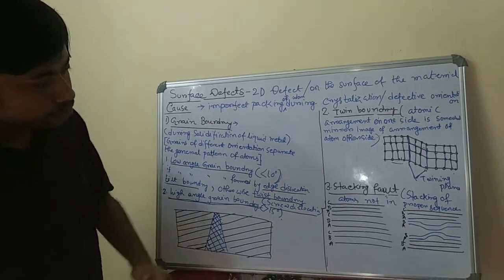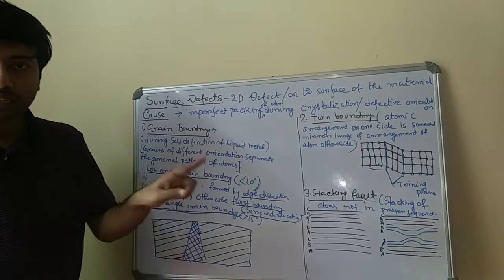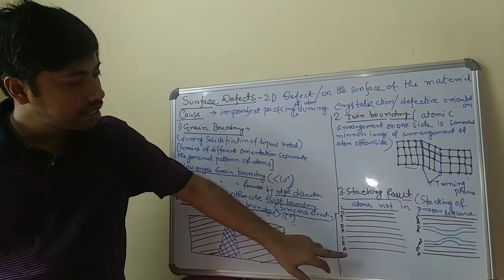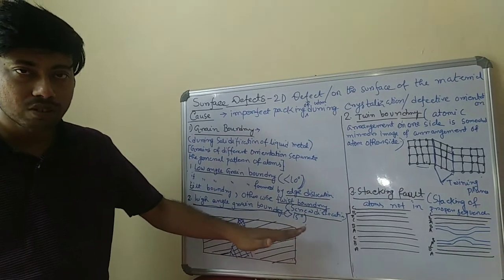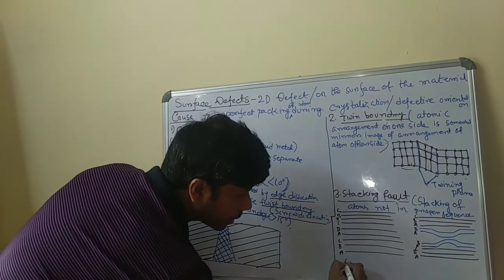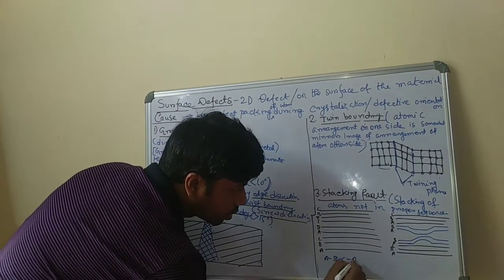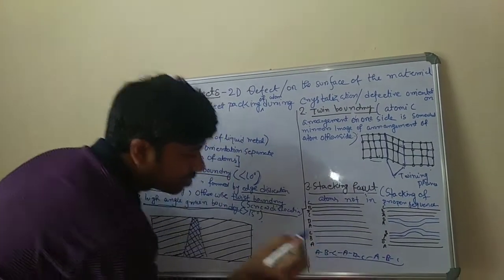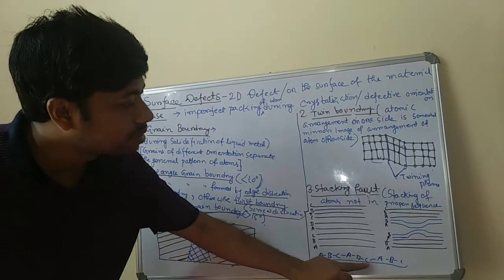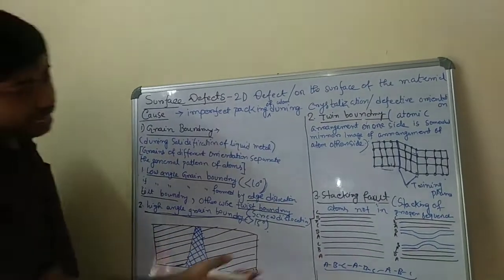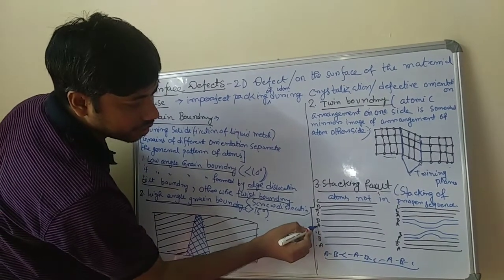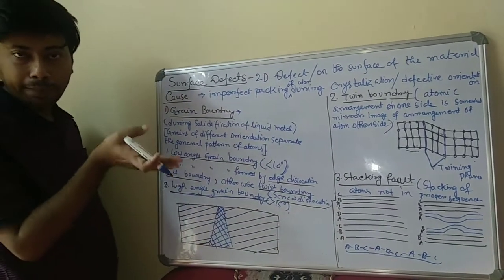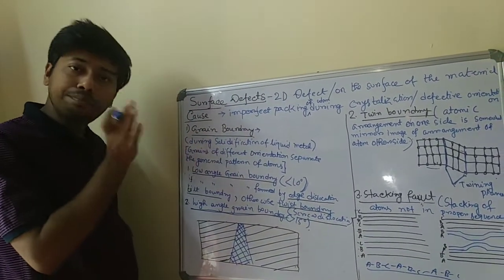Suppose the atoms in a crystal structure are arranged in a particular pattern, ABC, ABC. This is the perfect crystal in which the atomic planes are in proper sequence.